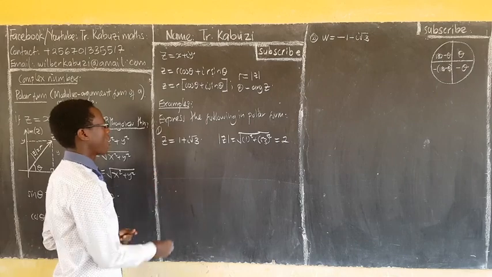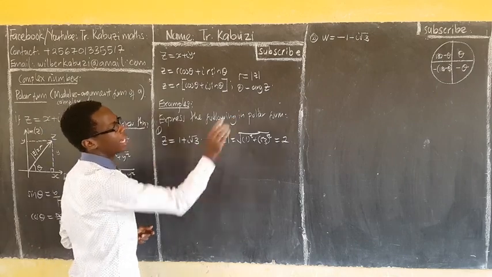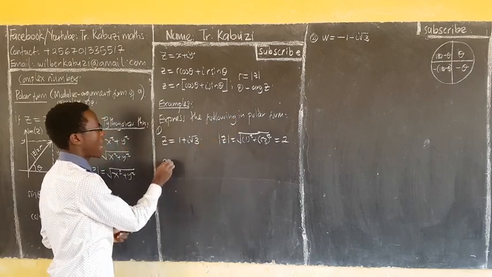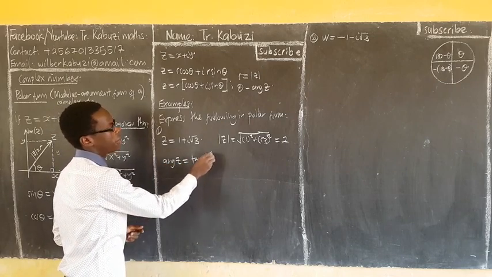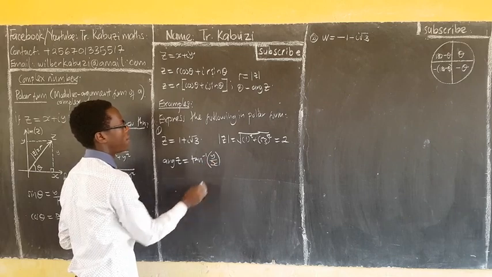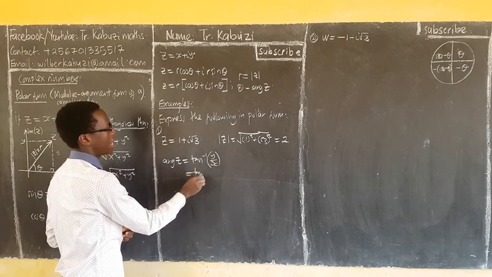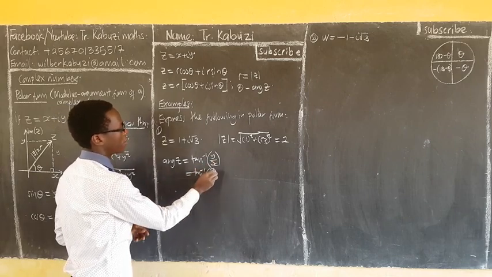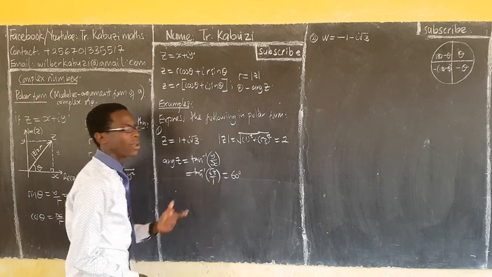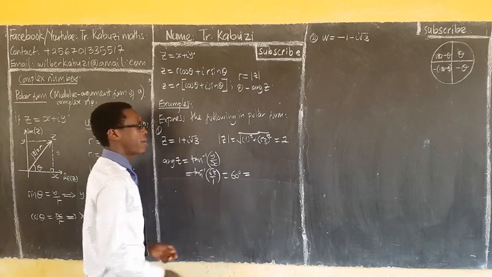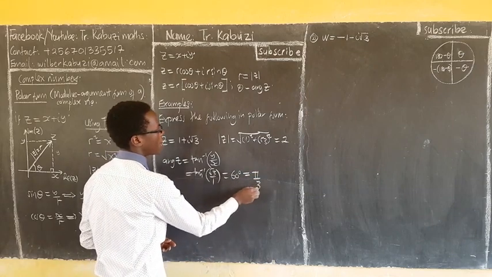We have seen that the argument of this complex number is in the first quadrant, so arg z is always the inverse tan of the imaginary over the real part, which will be tan inverse of root 3 over 1, and this will give you 60 degrees. You can convert to radians by multiplying by pi over 180, which will be pi over 3.